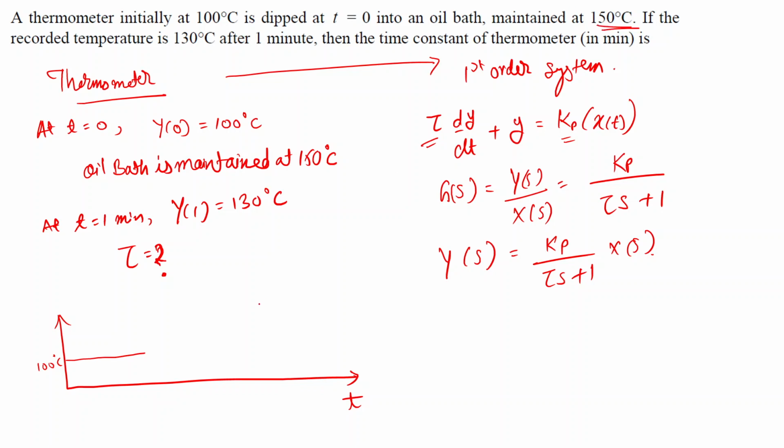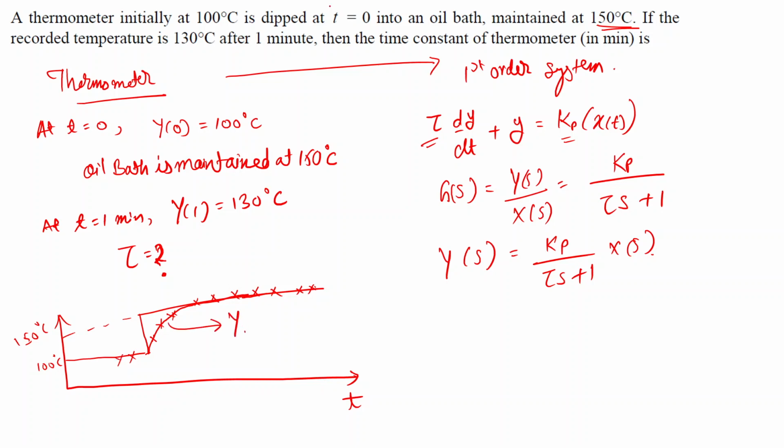Over time, the thermometer will try to record this 150 degrees Celsius. Based on the time constant and Kp, it will show this kind of trajectory, where these are the actual temperatures recorded by the thermometer. That is basically Y.